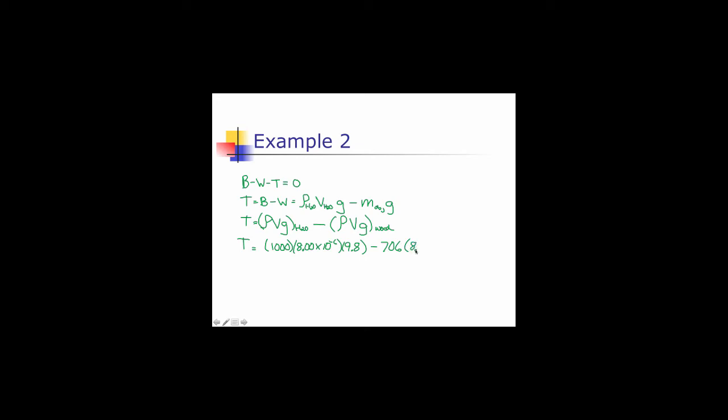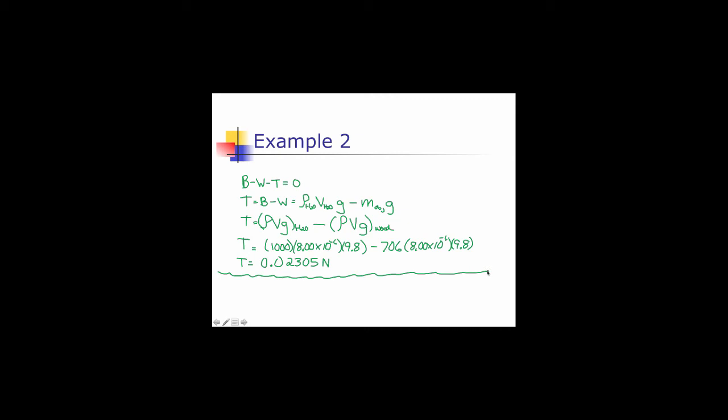The volume, 8.00 times 10 to the negative 6th times 9.8. And when we pick up our calculator now, we find that the tension is 0.02305 newtons.